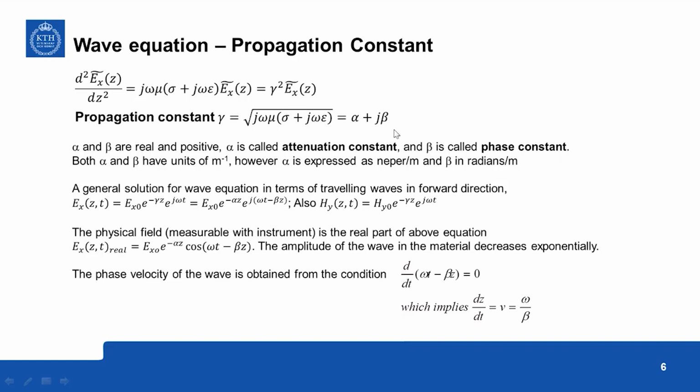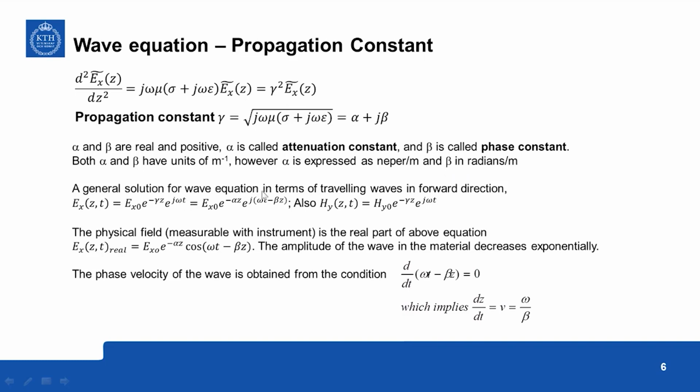Both alpha and beta have units per meter. However, just to distinguish between the imaginary and real part, we call alpha, the attenuation part, Nepers per meter and beta radians per meter.